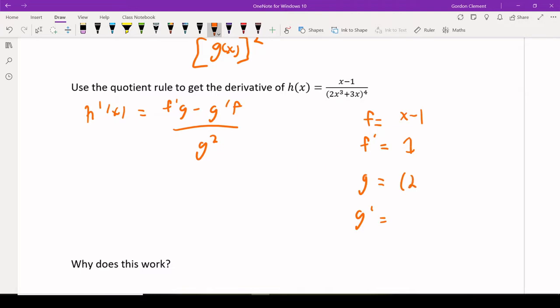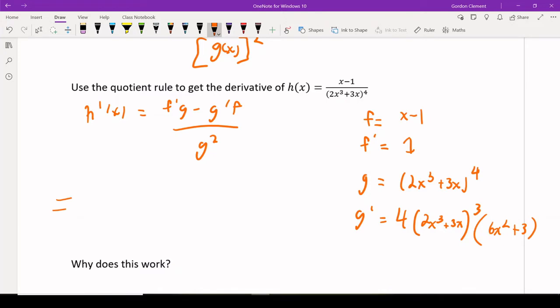G is this to the power of 4. Chain rule says the 4 comes down, becomes a 3, inside stays put, and then we'll multiply after by the derivative of the inside, like so.